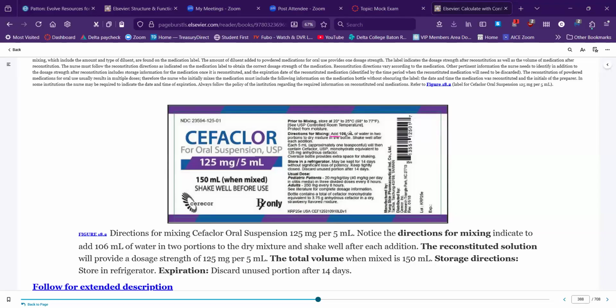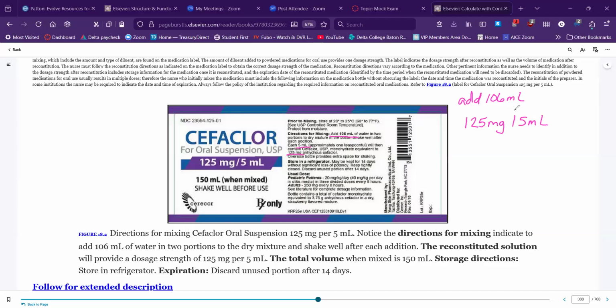It says that we're going to add 106 milliliters of water, in two portions to the dry mixture. Then it tells us that each 5 mL will contain approximately 125 milligrams of the medicine. So 125 milligrams per 5 mL.